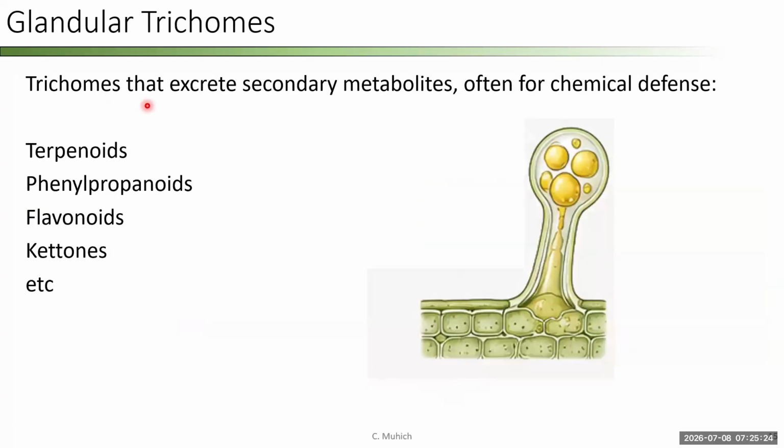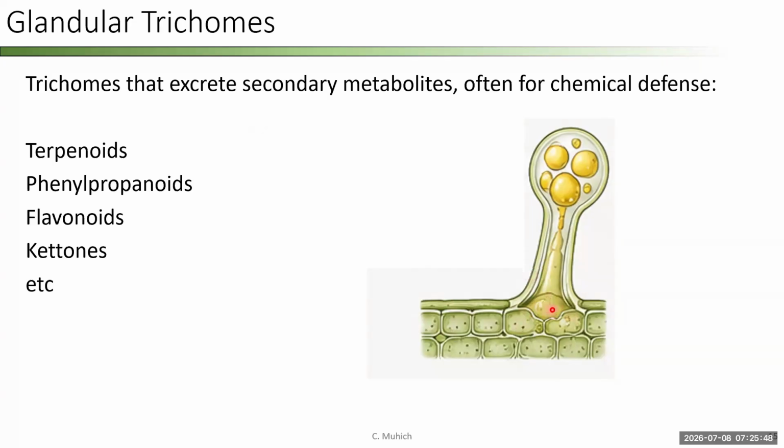So these trichomes generally are going to be excreting; we can think of them as glandular trichomes. These are the trichomes that are going to excrete secondary metabolites, and these are often for chemical defenses. If we look at the edge of the epidermal layer, we have this cell here.